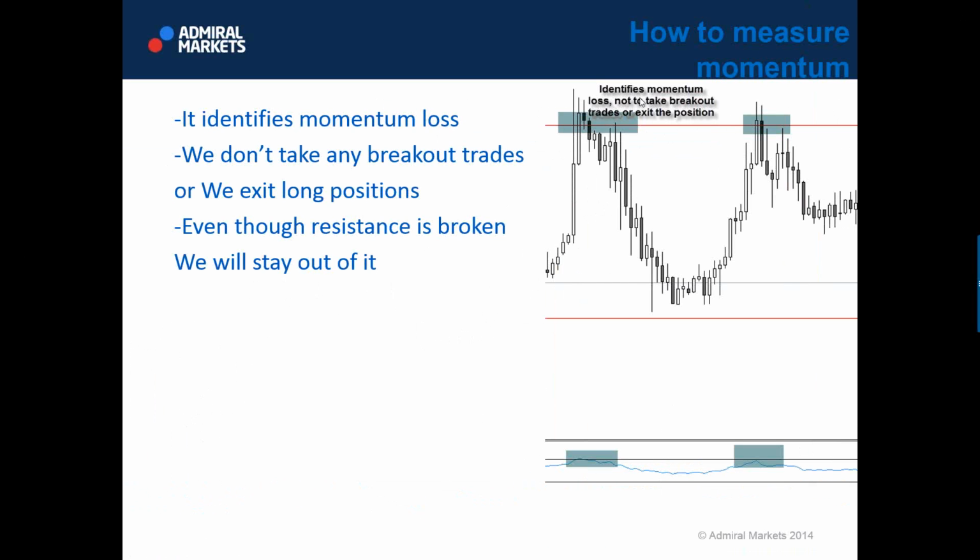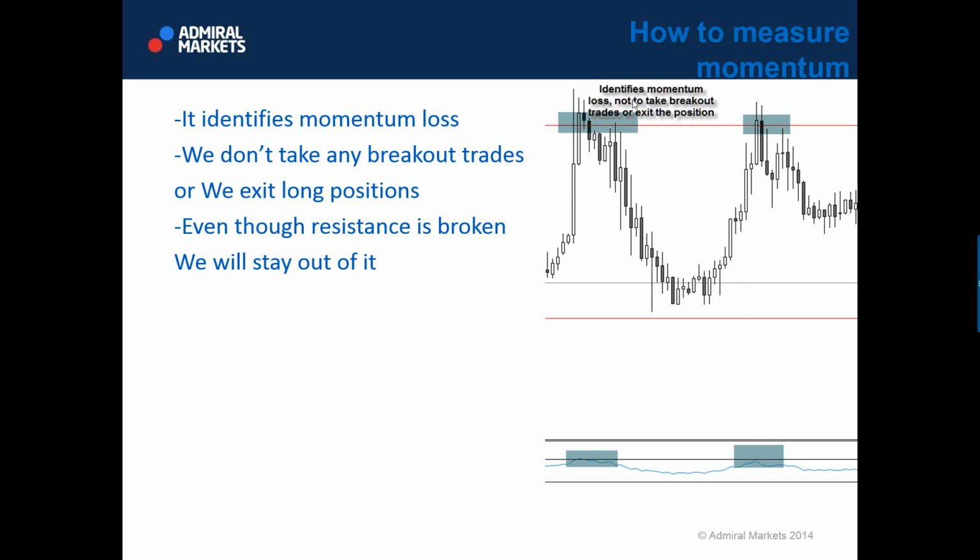It can identify momentum loss and when not to take breakout trades or when to exit the position. If you see that the price is really pushing to the upside, but this is a critical resistance, you can see that RSI is overbought. You will not be trading this breakout.